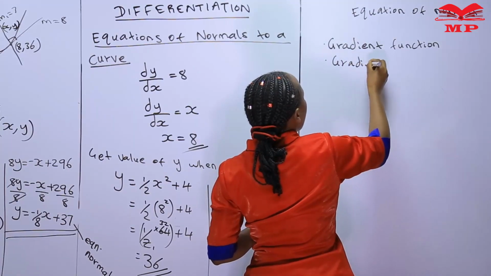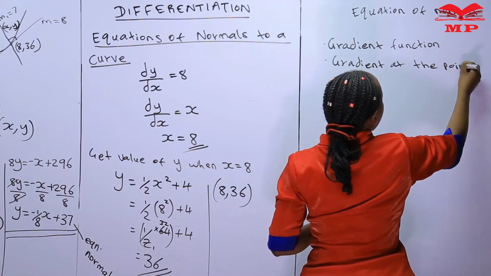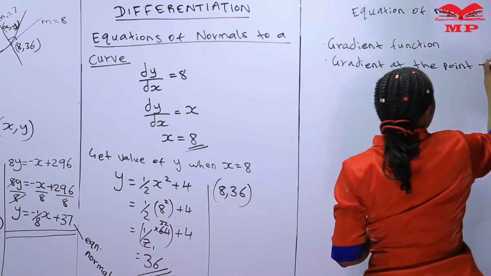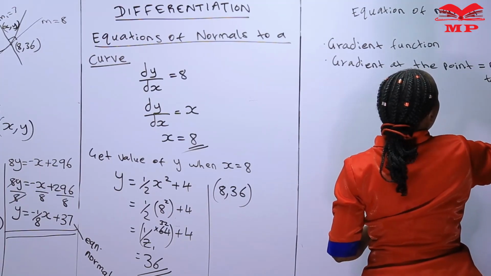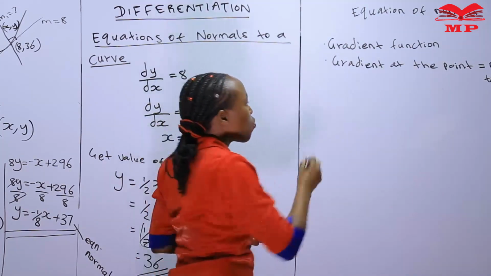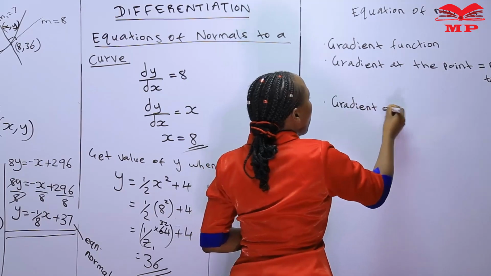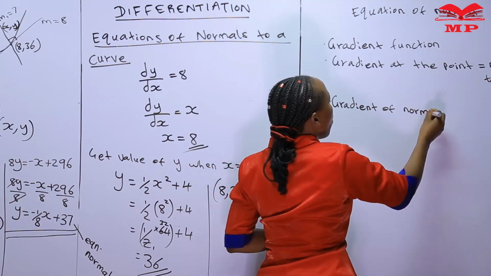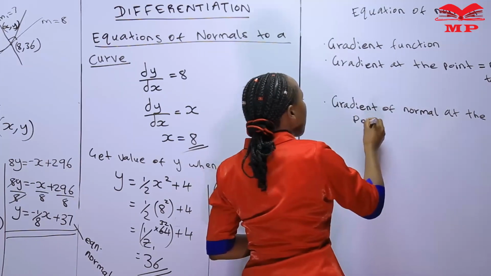And this gradient at the point is the same as the gradient of the tangent. But now we want to find the equation of the normal. So you move ahead and get the gradient of the normal at the point.